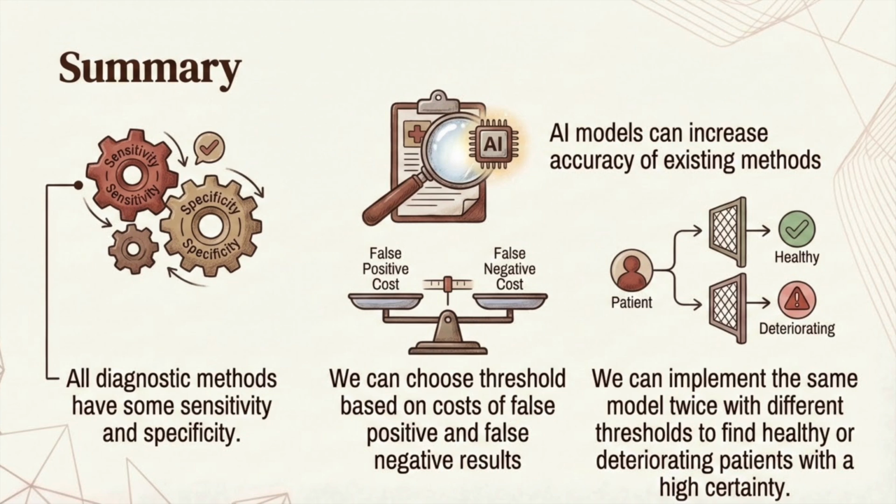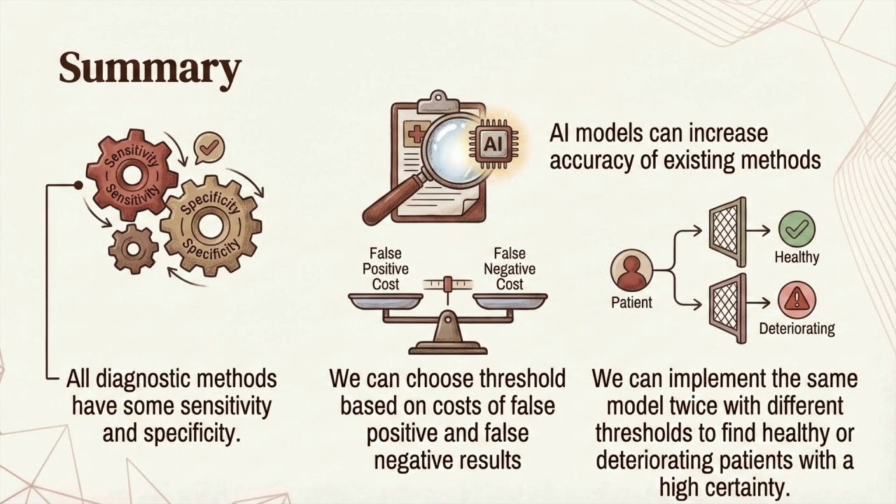Second thing is we can choose the right threshold for the model, right accuracy or right sensitivity and specificity, based on the costs of additional treatment of a false alarm or a missed case.